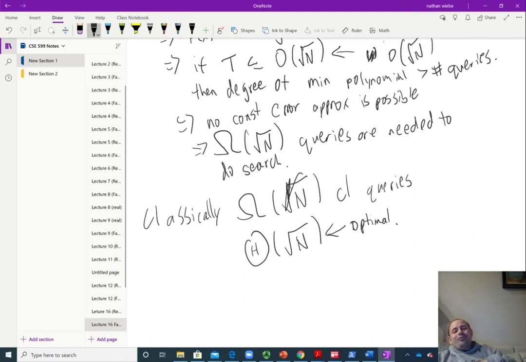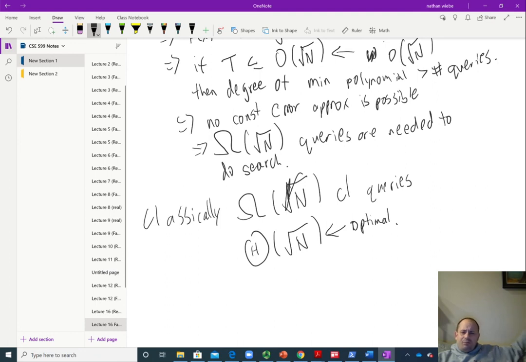But this over here is used all over the place within quantum algorithms. In fact, amplitude amplification and Grover's search is one of the fundamental tools that most modern quantum algorithms use, at least to some extent. If not that, then they'll use the quantum walk algorithms that generalize this even further.